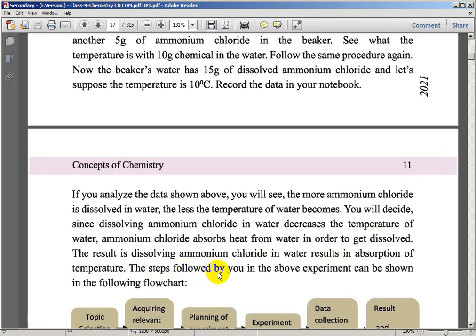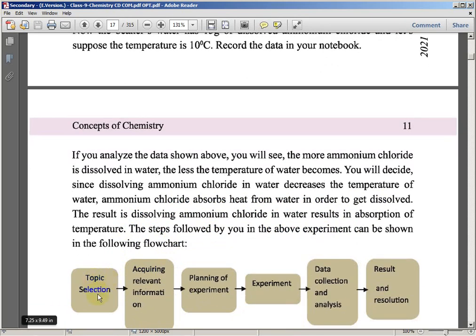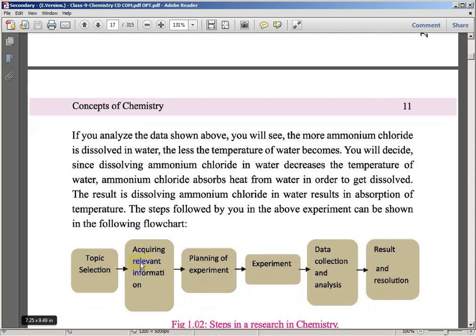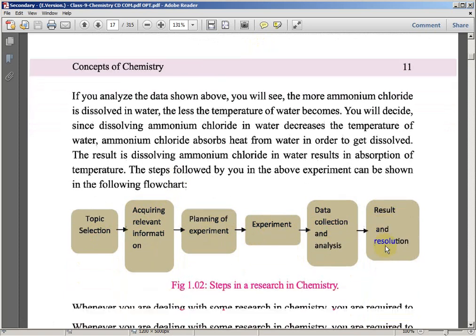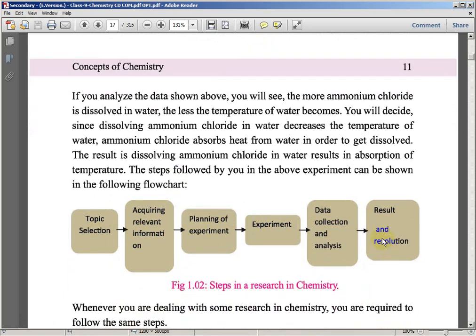The steps followed in the above experiment can be shown in the following flowchart. At first, topic selection, then acquiring relevant information from the internet or other sources, then planning the experiment and doing the experiment, and data collection and analysis, finally result and resolution, showing the result everywhere.